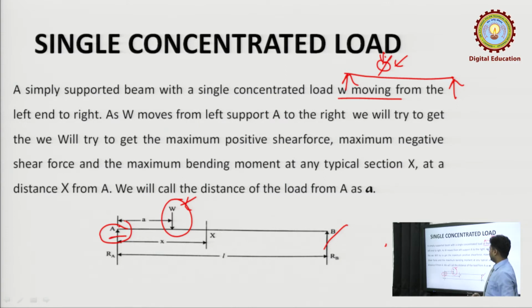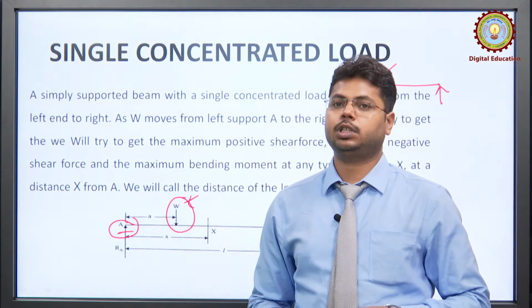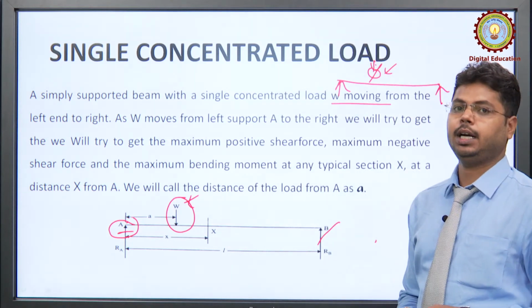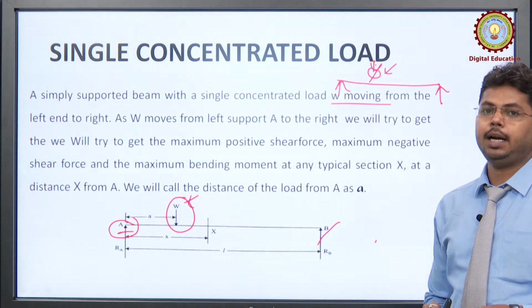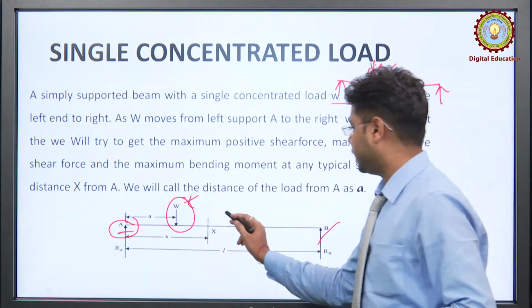As the load W moves from the left support to the right side, we will try to get the maximum positive shear force, the maximum negative shear force and the maximum bending moment at any typical section X. What is the typical section X?